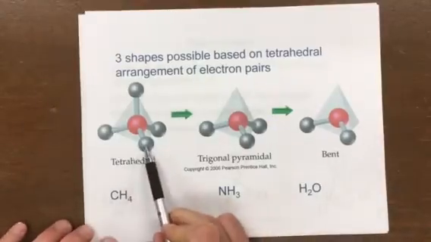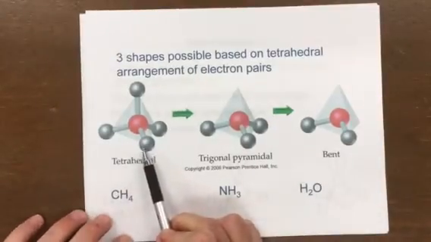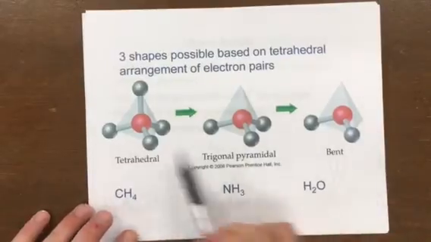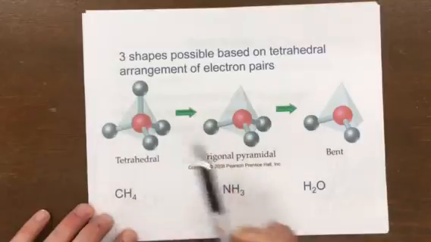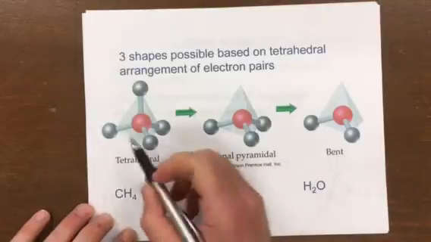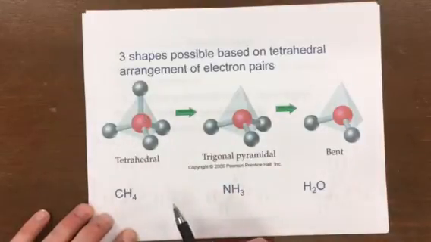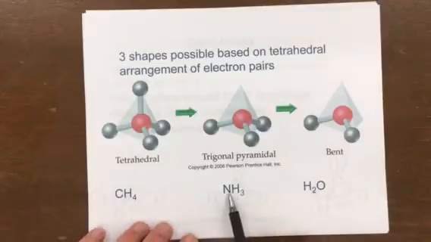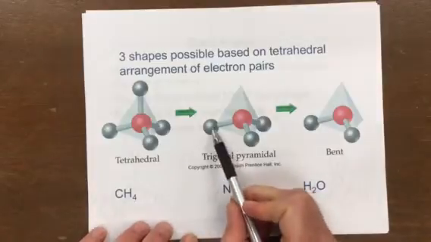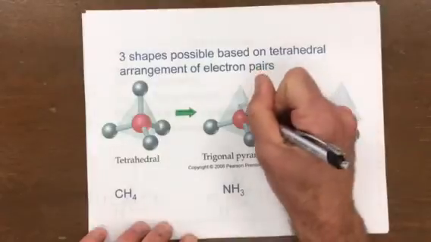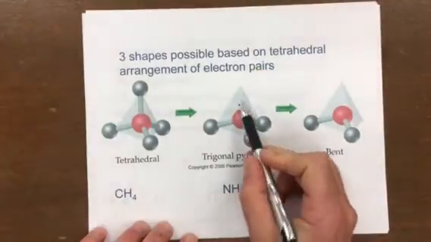The CH4 is going to be tetrahedral, so both the electron domain and the molecular geometry are the same because you don't have any non-bonding pairs. You have the 4 atoms getting as far from each other as possible, each 109.5 degrees apart. With ammonia, NH3, you have 3 bonding domains and 1 pair of non-bonding electrons.